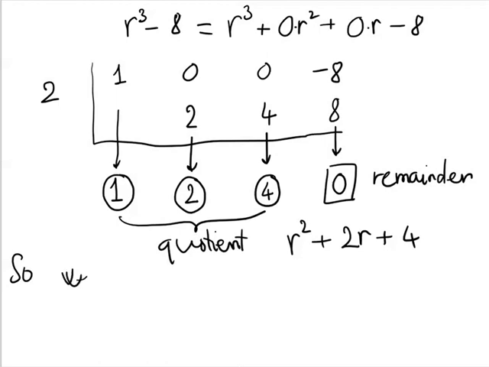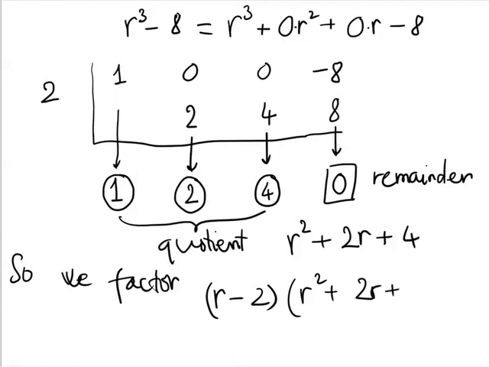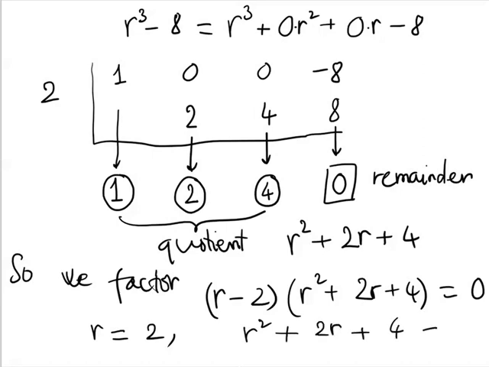So we factor r minus 2, and then the quotient is r squared plus 2r plus 4 equals 0. Now solving, we have r equal to 2, and then r squared plus 2r plus 4 equals 0. It turns out that we wouldn't be able to factor this second equation.